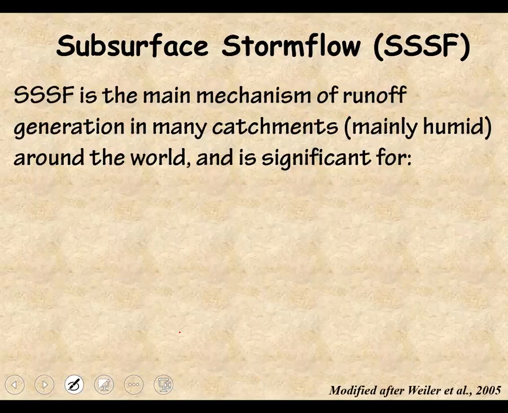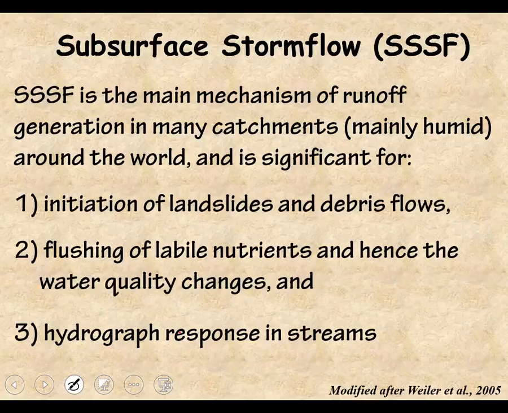Now, in many areas, particularly humid areas, that is the dominant mechanism for stream flow. That water that comes in through that little narrow zone. It's important because it's one of the more important variables to initiate slope instability.